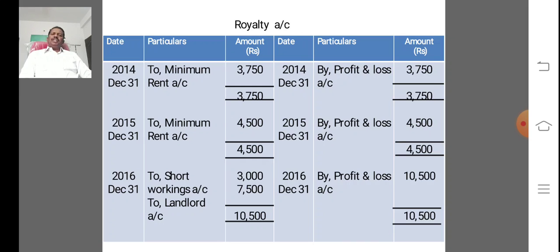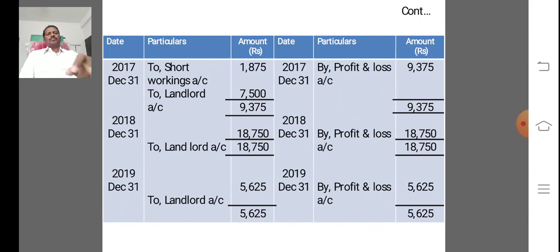In 2016, debit to short workings account 3,000, to landlord account 7,500, total 10,500, and credit profit and loss account 10,500. In the year 2017, December 31st, to short workings account 1,875, debit to landlord account 7,500, total 9,375, credit by profit and loss account 9,375.